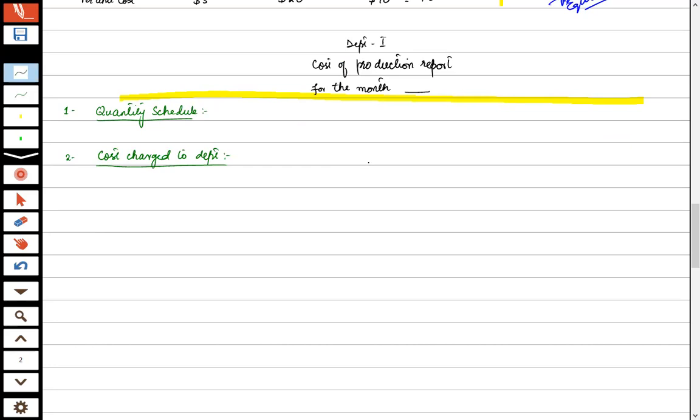So we will write total cost in one column and unit cost in the other column. Here we will write materials, labor cost, and FOH cost.